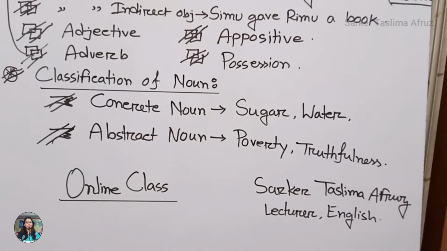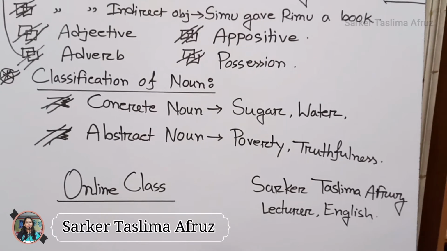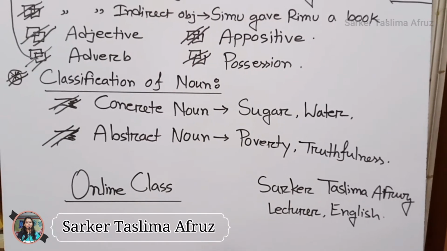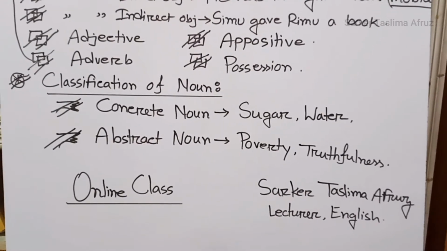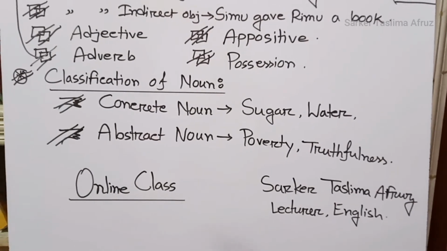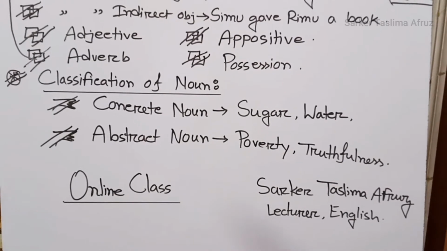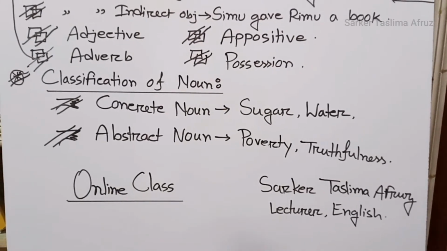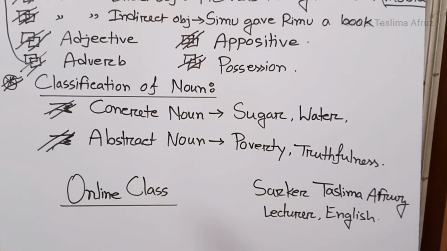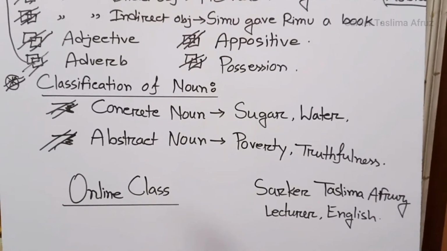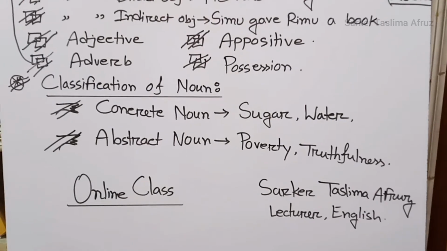Basically, a concrete noun represents a thing that is real and tangible, that means it has physical appearance. So a name which has physical appearance can be seen, touched, smelled, heard, and tasted. In the simplest way, we can say a name which has visibility and whose existence we can feel is basically a concrete noun.